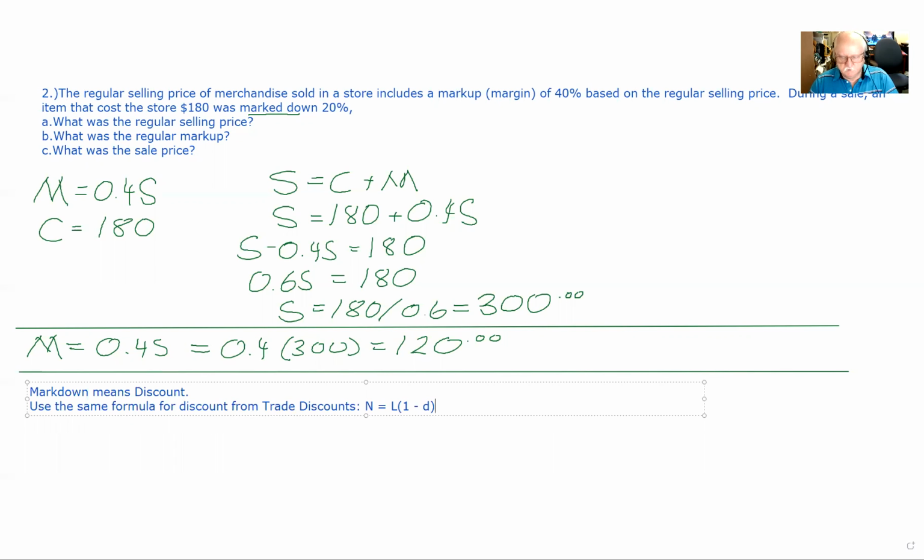So use the same formulas and the same things we know about the discount we can apply to the markdown.